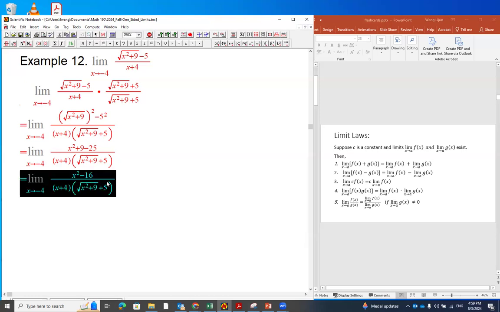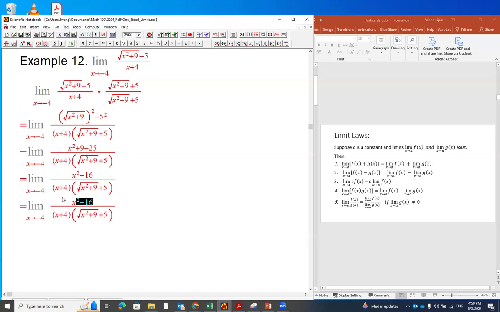X squared minus 16 can be factored, and that will give us x plus 4 times x minus 4. And x plus 4 is not 0, so we can reduce it. So the next step, we get a reduced form without the x plus 4 in the numerator and denominator. And now we can directly substitute, or you can apply limit law.